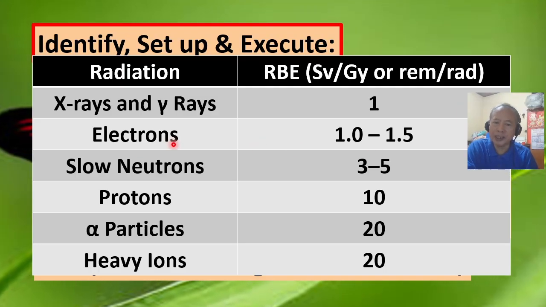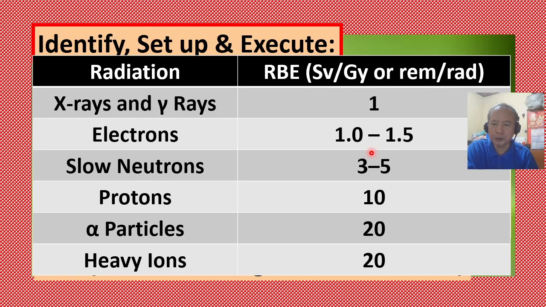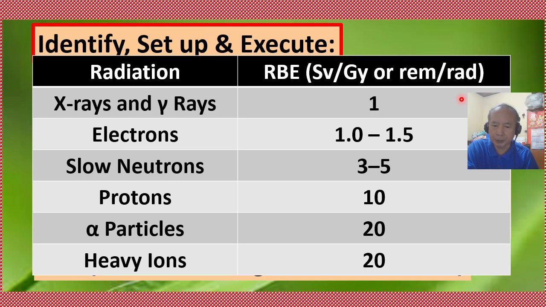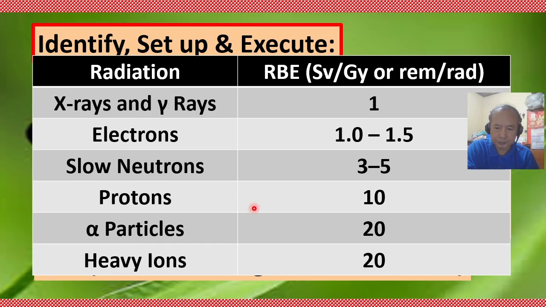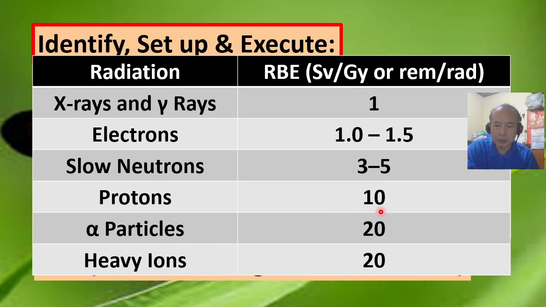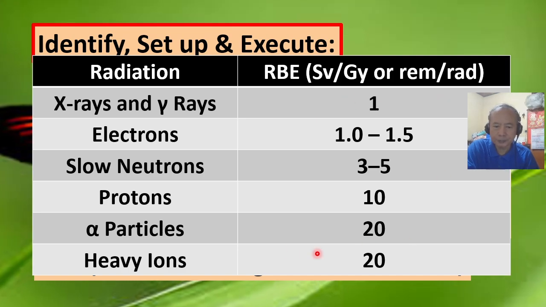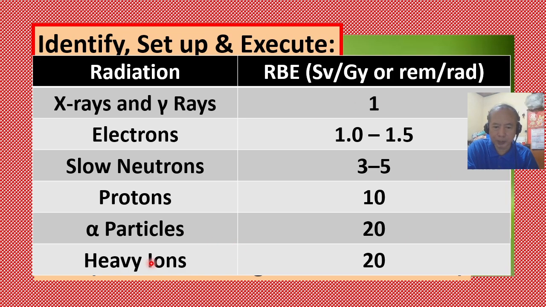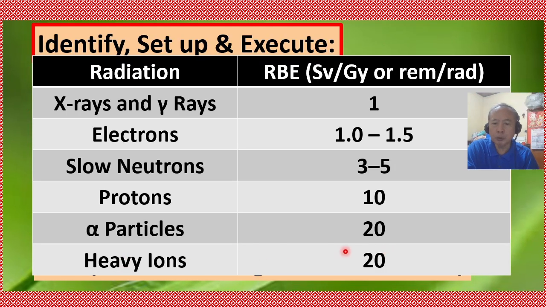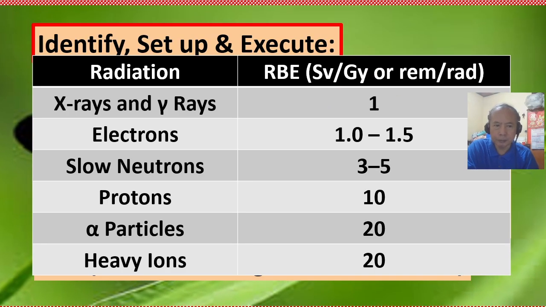For electrons, the RBE value ranges from 1.0 to 1.5 sievert per gray or rem per rad. Protons have an RBE of 10 sievert per gray or rem per rad, and alpha particles as well as heavy ions have RBE values of 20 sieverts per gray or rem per rad.